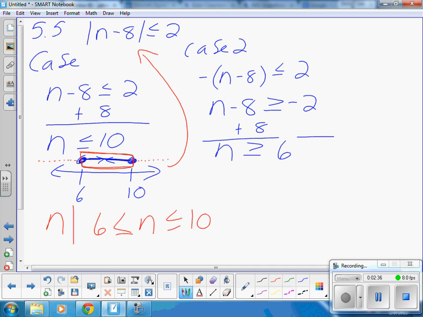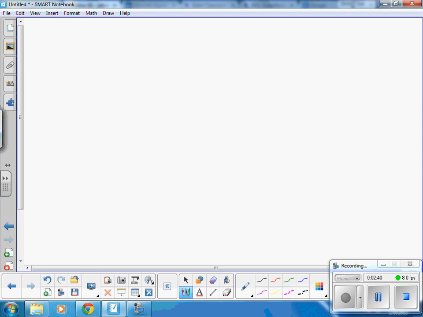All right, let's try another problem. Your turn still. You do this on your own after I get it written down. The absolute value of 2c minus 5 is less than a negative 3. Go ahead.